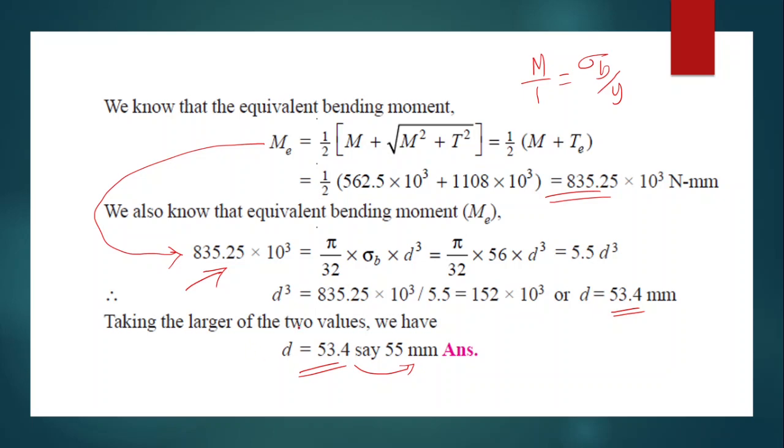That is the diameter of the shaft. Here we can use different types of theories of failure, maximum bending moment theory, or maximum shear stress theory, etc. We can compare either of the theories, and we can finally compute the diameter of the shaft.